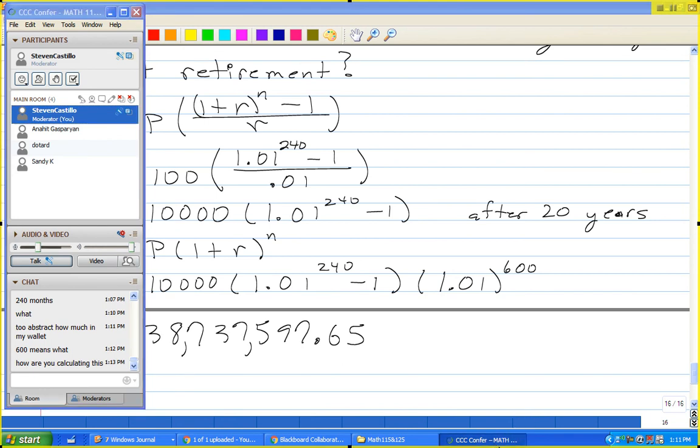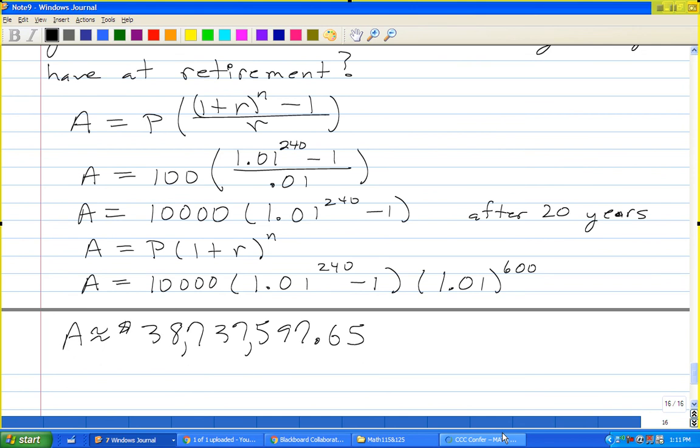Oh, I can just plug it into my calculator. I have an exponent button. So I just plug in 1.01 to the power 600, plug in 1.01 to the 240, subtract 1, and multiply those numbers together.